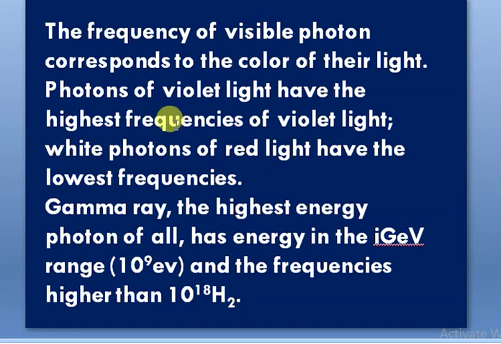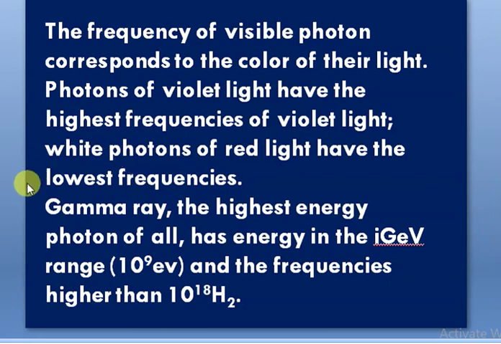O, orange. G, green. Then you have the others: V, violet, I, indigo, and others. So a photon of violet light, which is the last among them, has the highest frequency, while a photon of red light, which is the first one, has the lowest frequency.